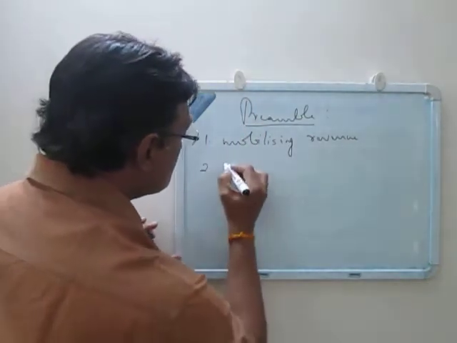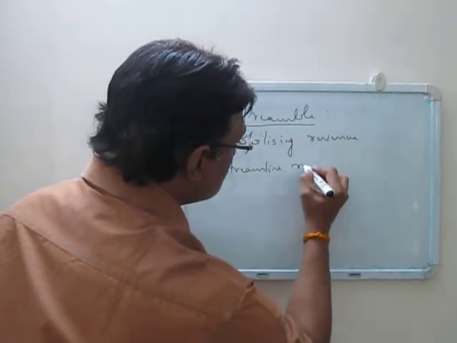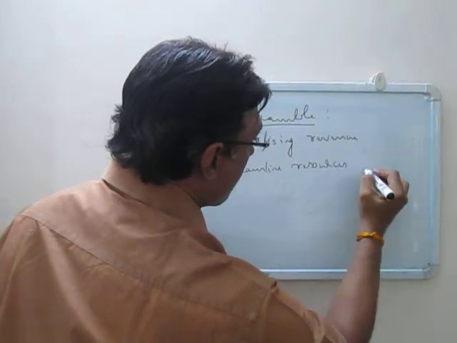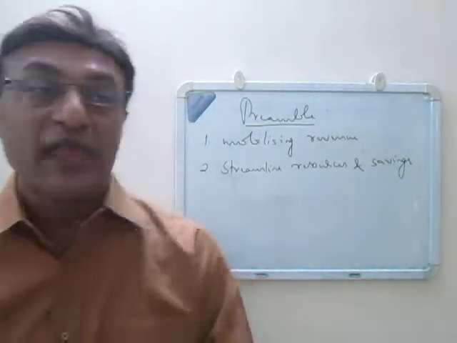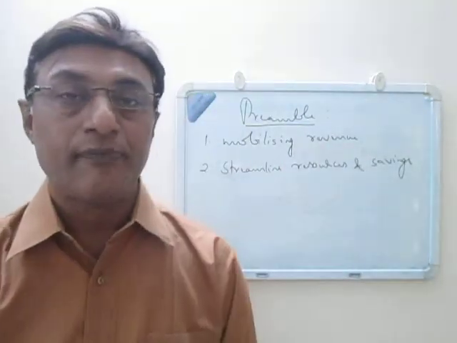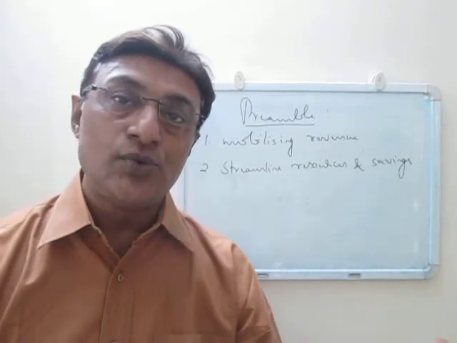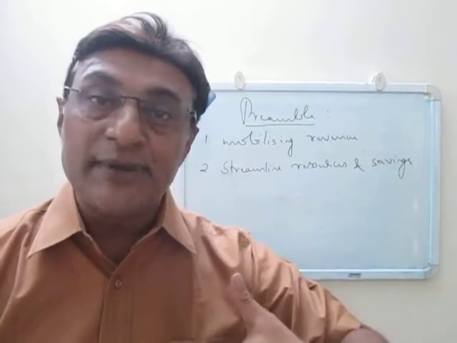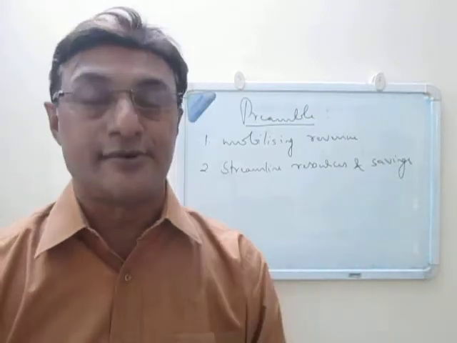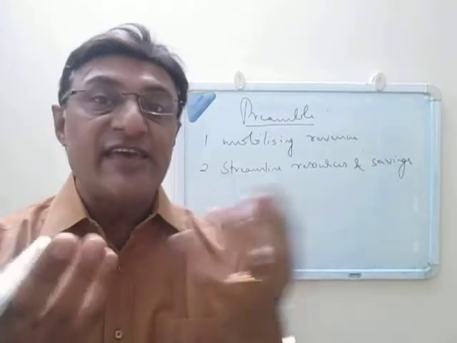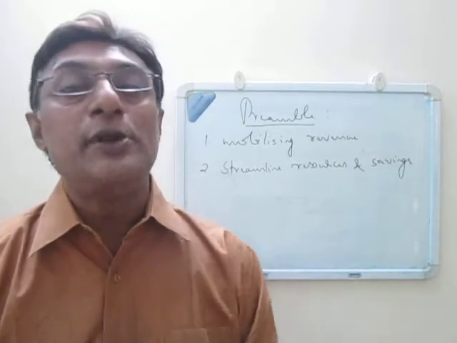Second is to streamline or to channelize resources and savings in the economy, lying scattered, floating around. The other purpose of the Income Tax Act is to streamline, bring all of them into one track. The savings, investments which people or in the economy make.